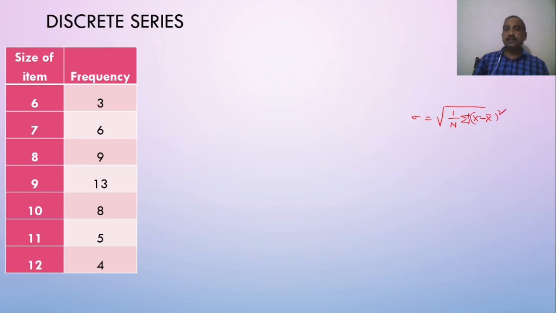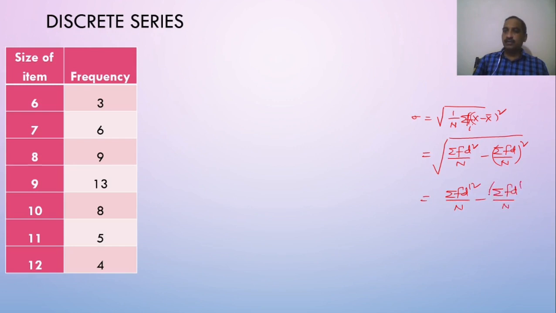Since frequencies are there, you have to multiply it with frequency, or else use the square root of summation fd square by n minus summation fd by n whole square, or else you can use summation fd dash square by n minus summation fd dash by n whole square, the square root, right? So no need to explain all these things.